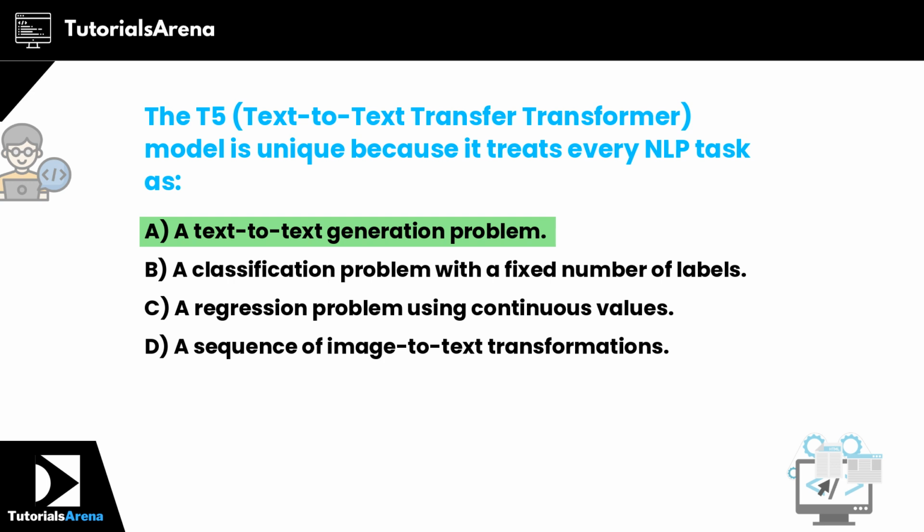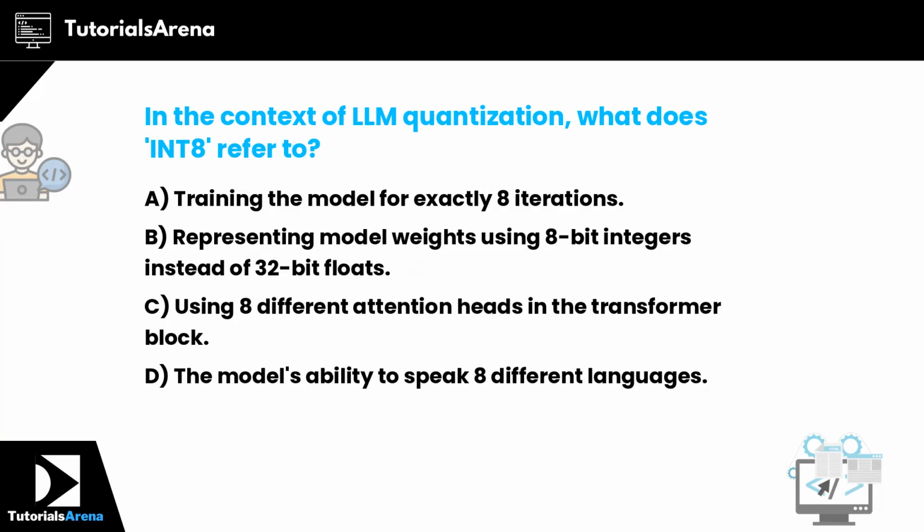The correct answer is option A, text-to-text generation problem. In the context of LLM quantization, what does INT8 refer to? The correct answer is option B, representing model weights using 8-bit integers instead of 32-bit floats.